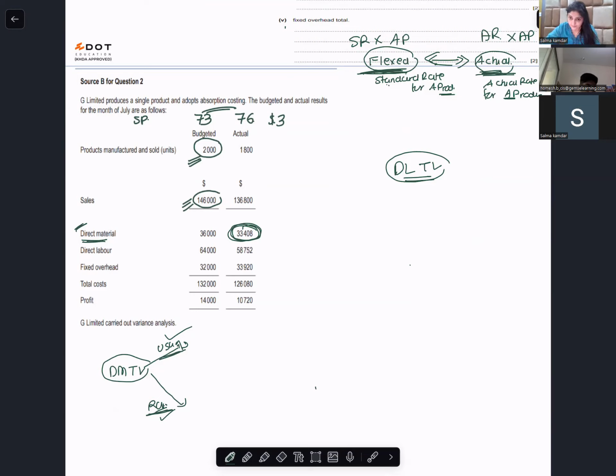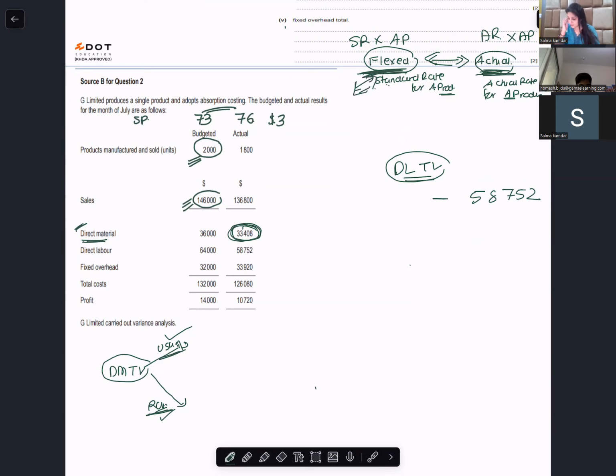First, tell me the actual labor. The actual labor is 58,752.